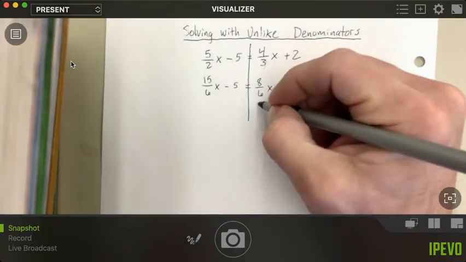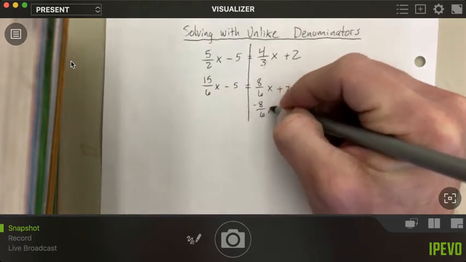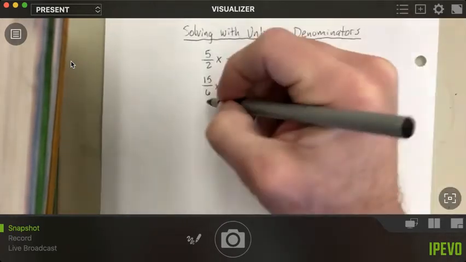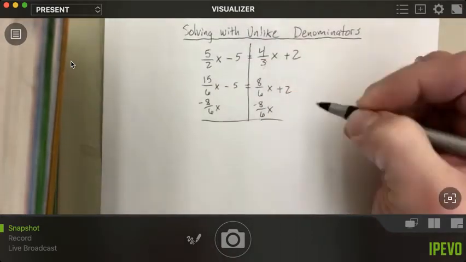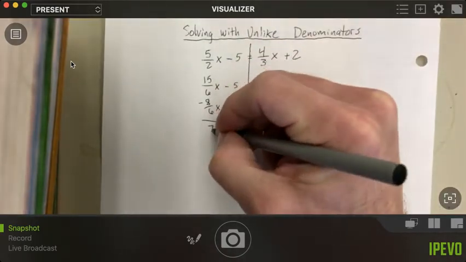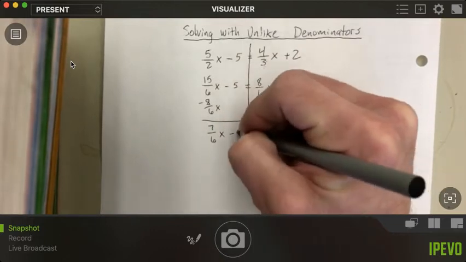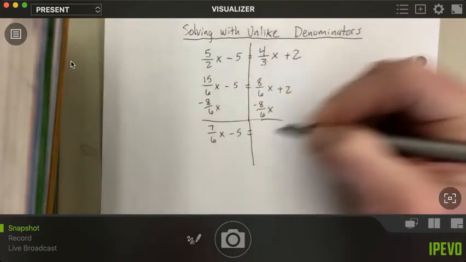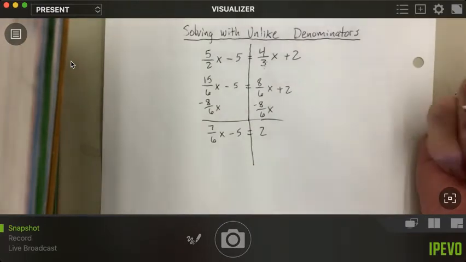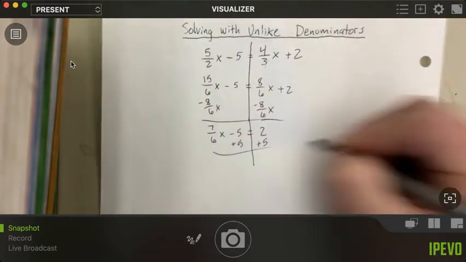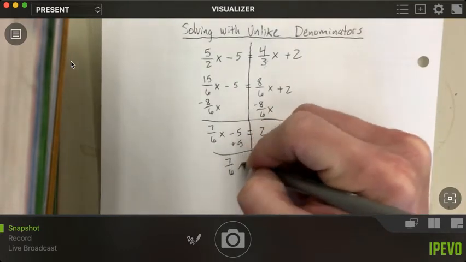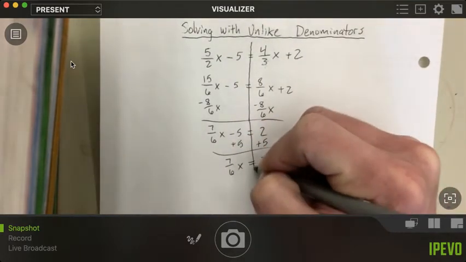So if I want to solve this, now I can take away 8/6, that's a hard word to say, from both sides. All right, and that's going to become 7 over 6x minus 5 equals 2. All right, and then I'll add 5 to both sides. 7 over 6x equals 7.